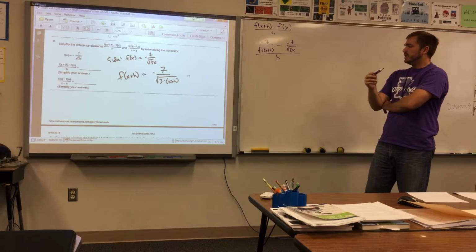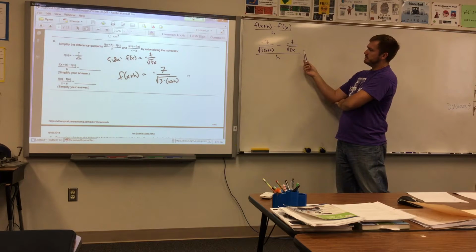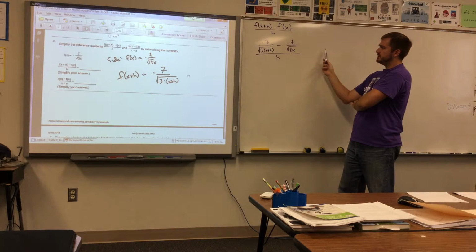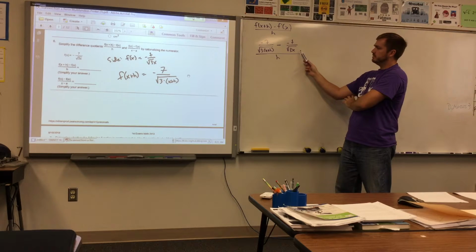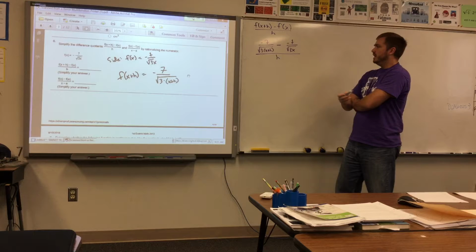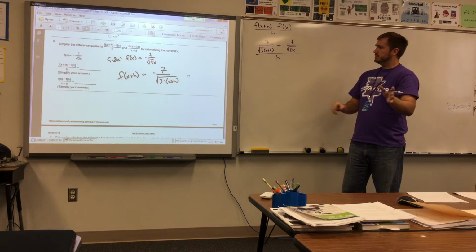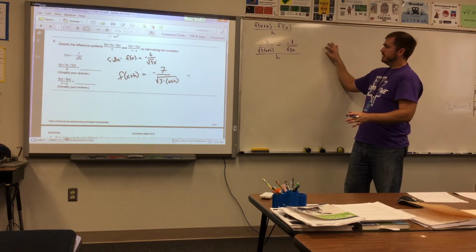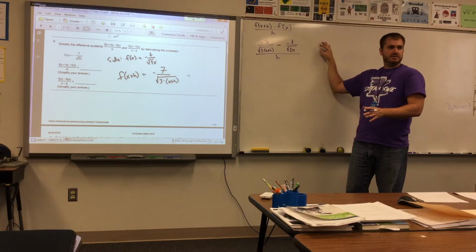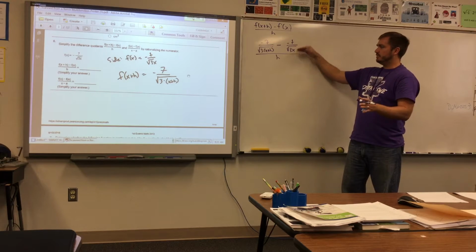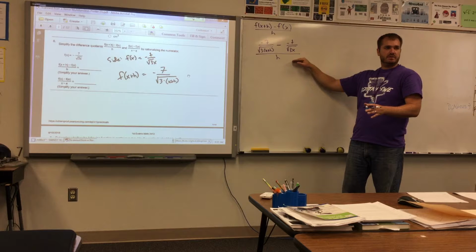Yeah, you could. The problem is at that point, if you multiply by the conjugate, we're still going to have square roots there. What I don't like about multiplying by the conjugate right now is that I've already got fractions and fractions and stuff like that. I at least want to try to get rid of this main fraction right here.